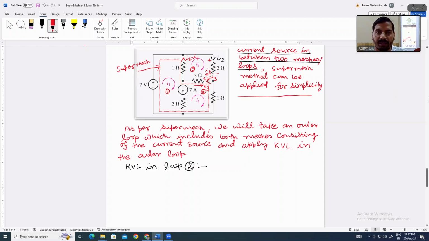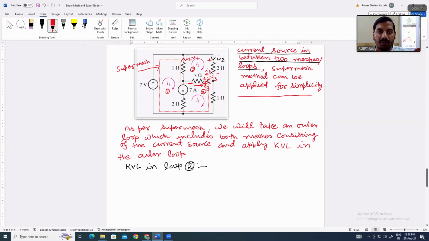You know that this is an element, and in an element current flows from higher potential to lower potential. That's why plus will be here, minus will be here. If we have assumed the current direction in this way, the voltage drop across this 3 ohm resistor will be plus here, minus here, because current is flowing from here to here, from higher potential to lower potential.